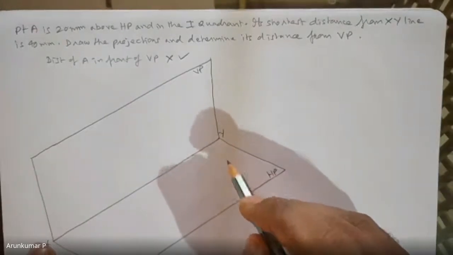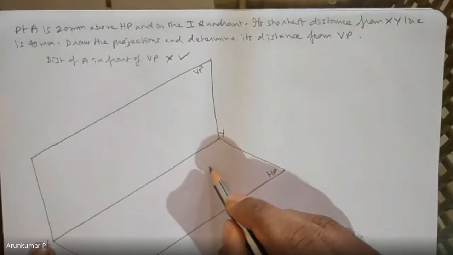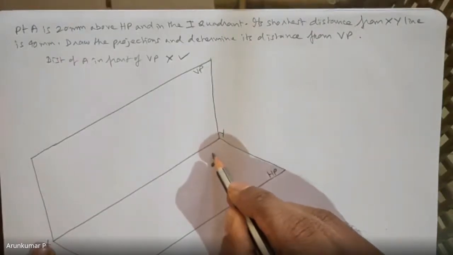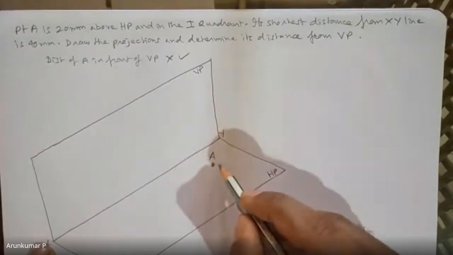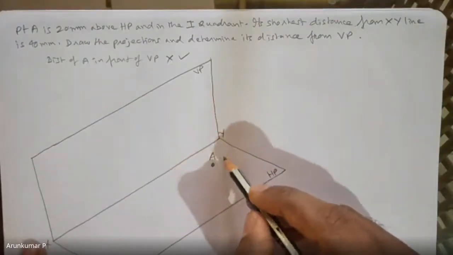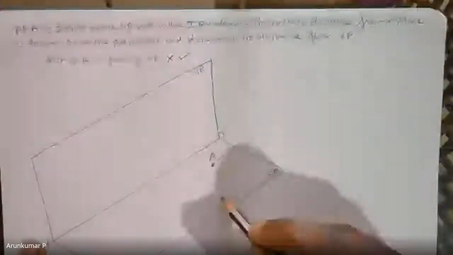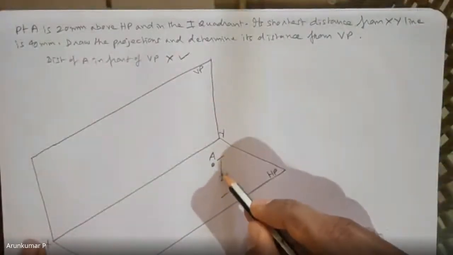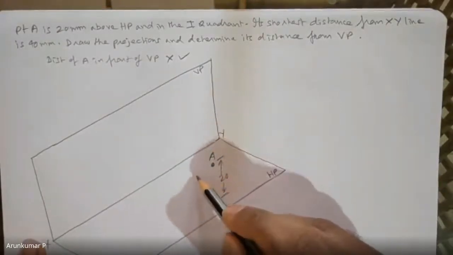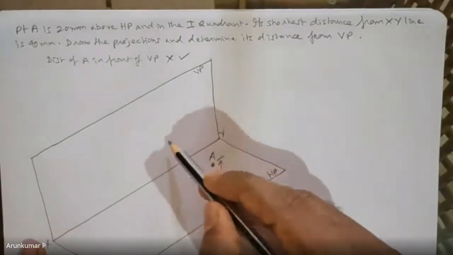To locate the point A, let us assume that the point is somewhere here. A. This A, generally any point that is in the first quadrant is some distance above HP, in this case 20 mm above HP, and some distance in front of VP.